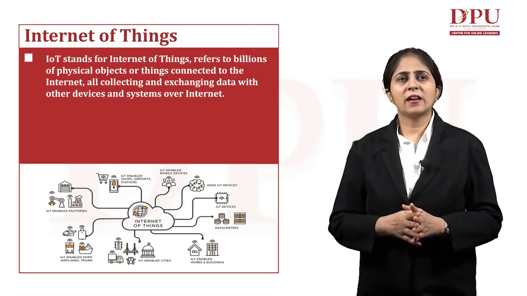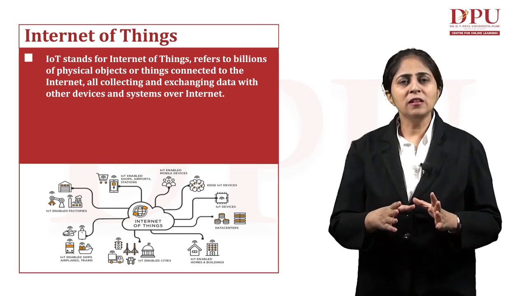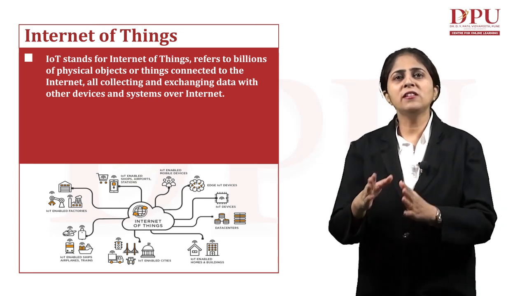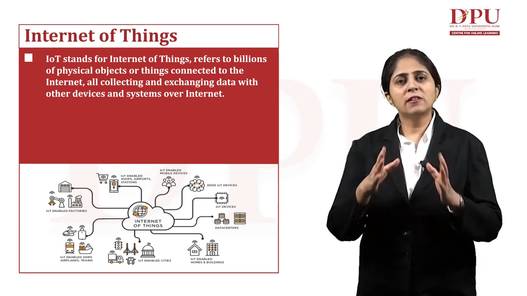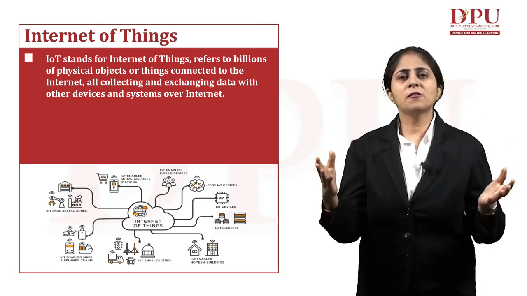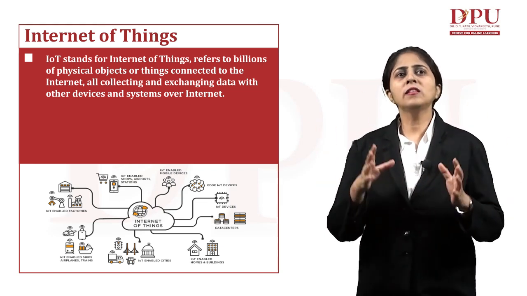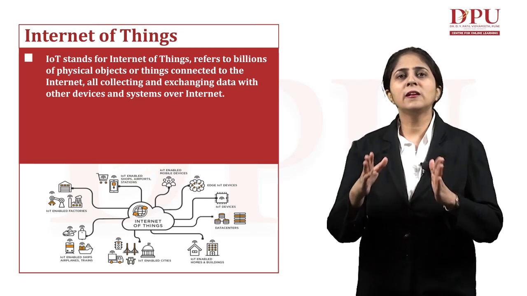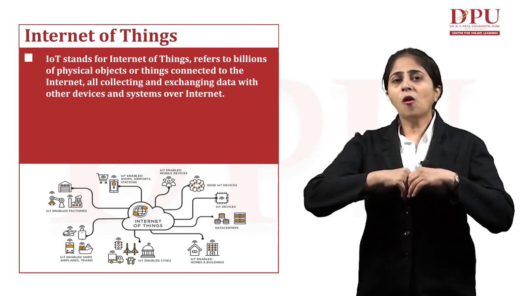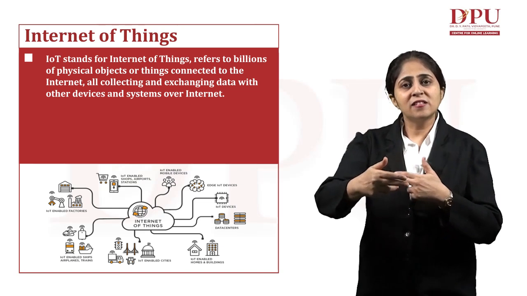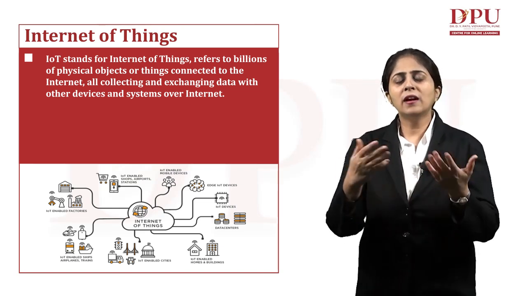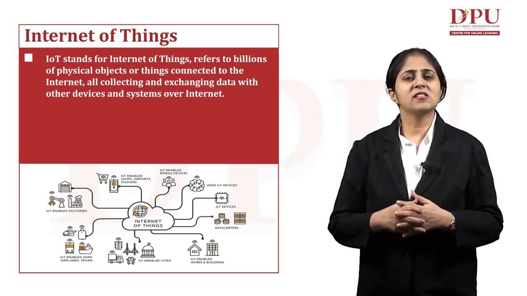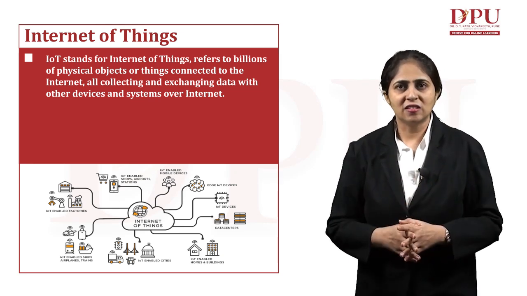Now, what is this IoT? IoT stands for Internet of Things, which refers to billions of physical objects or things which are connected to the internet, all collecting and exchanging data with other devices and systems over the internet.